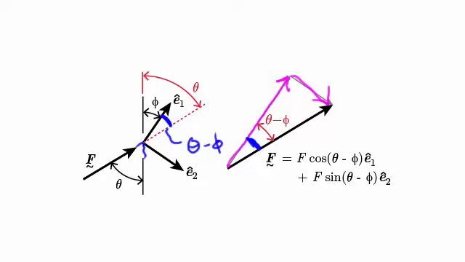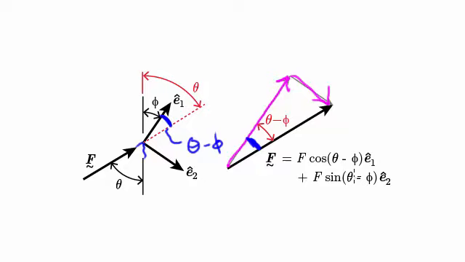So now it's just simple trigonometry. The e hat 1 component was this one right here, and it's the side adjacent to this angle of interest. So therefore the e hat 1 component is going to have a cosine there. The e hat 2 component, which is this direction, is the opposite side from the angle of interest, so that's why I have a sine there.